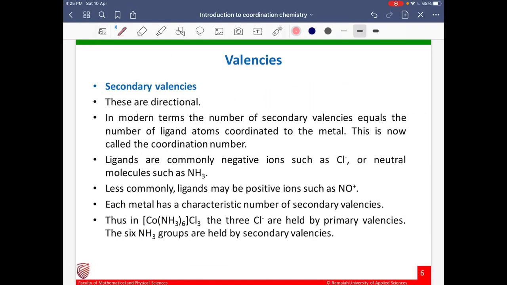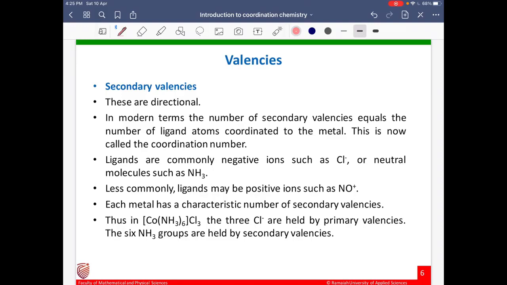Secondary valencies are directional. That means secondary valency determines the geometry or shape of the molecule or complex. The modern explanation is as follows: the number of secondary valencies equals the number of ligand atoms coordinated to the metal.